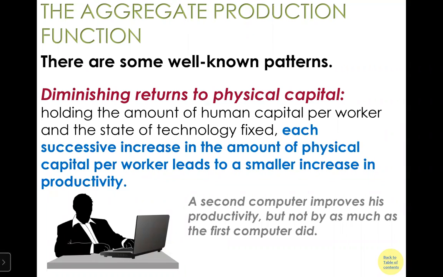Like here, there's an example. If you have one computer, this computer will bring you a significant improvement in your productivity. Now, if you get a second computer, this second computer probably won't bring you too much additional productivity. And this is called diminishing returns to physical capital.